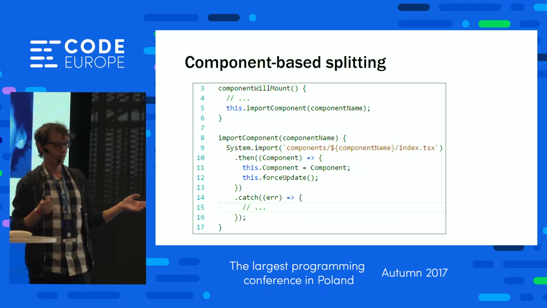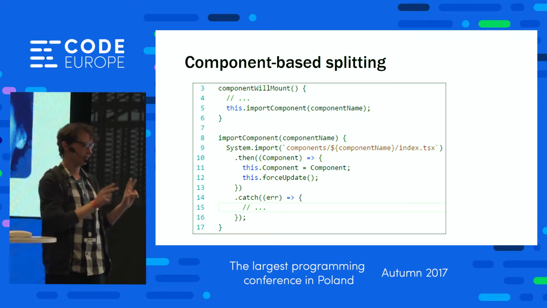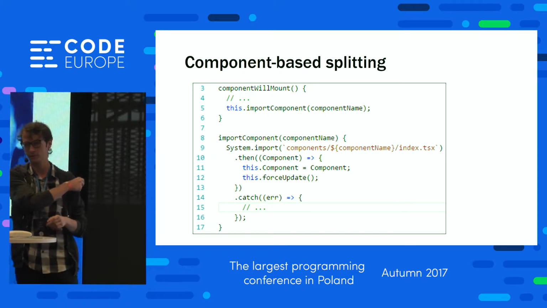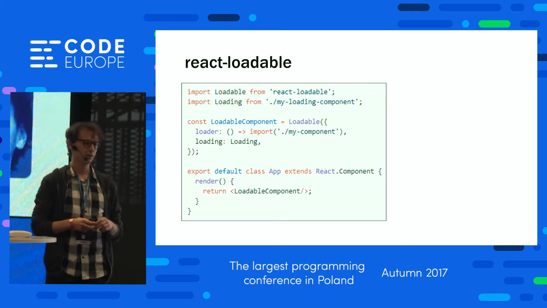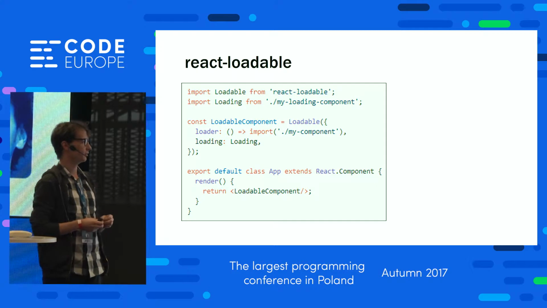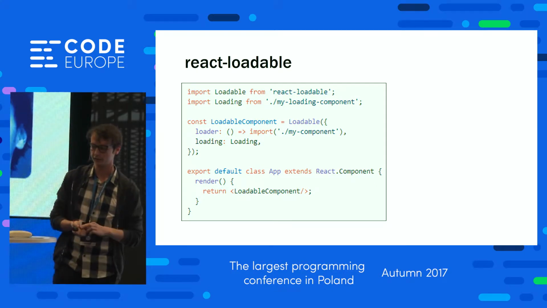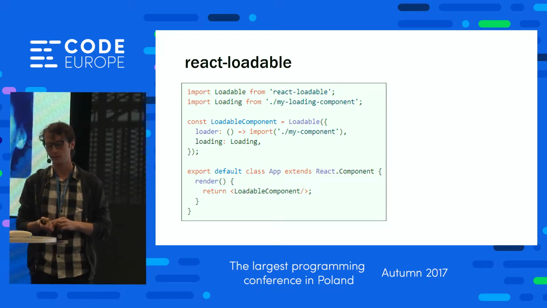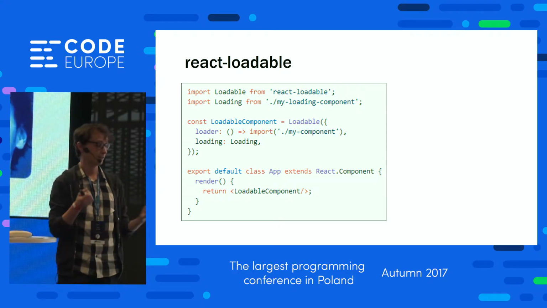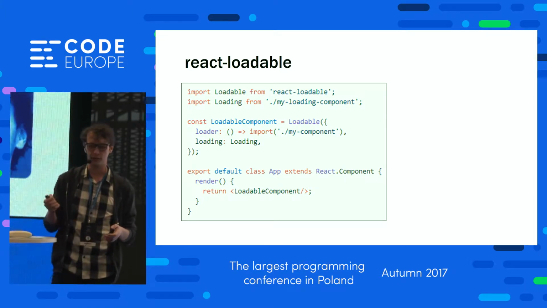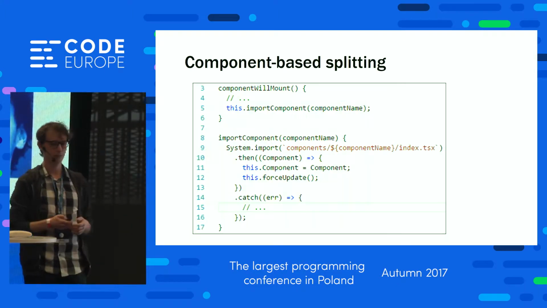You might go for this kind of vanilla JS code, but you might also want to go for some predefined library for this, in which case I would suggest using React Loadable. React Loadable also utilizes dynamic imports from ECMAScript, but provides a wrapper for you, similar to this one, by the way, which was developed by us privately.